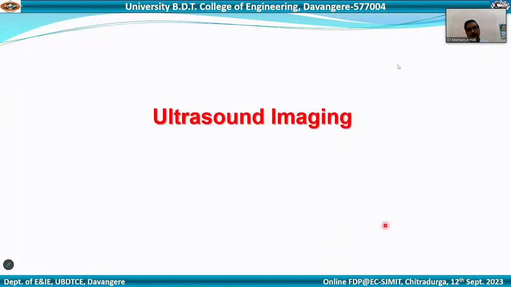So that is about one of the important imaging modalities, X-ray: basic X-ray radiography, then fluoroscopy, computed tomography, then digital radiography. As we know, X-rays are harmful. When they pass through the human body, there may be a certain kind of ionization.